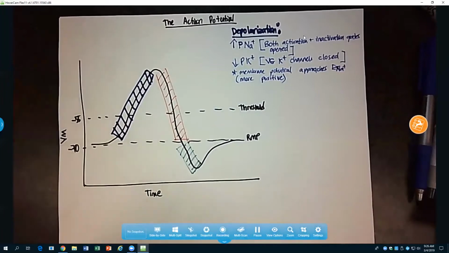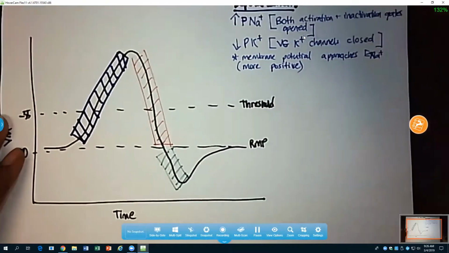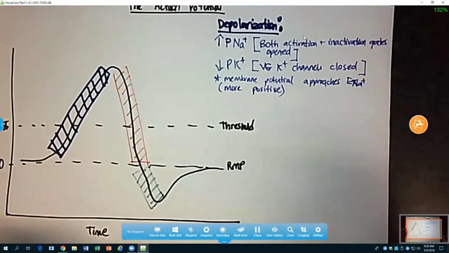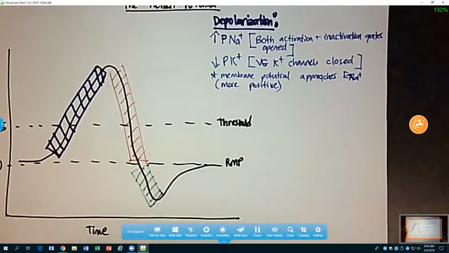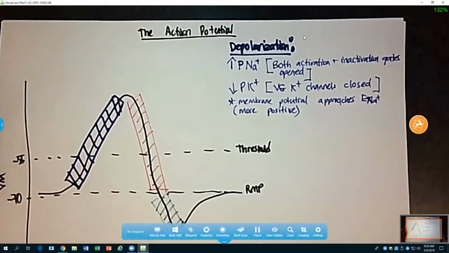The membrane potential is rising and approaching the equilibrium potential of sodium, which is a lot more positive than rest. This is just a large E with subscript sodium. All right, so that's depolarization. The membrane potential there becomes more positive.